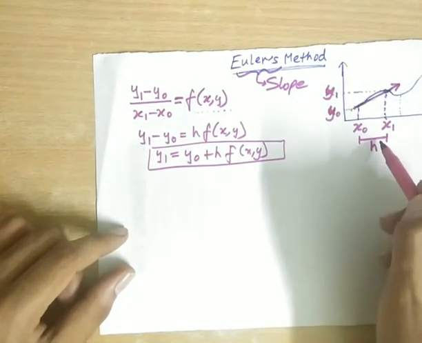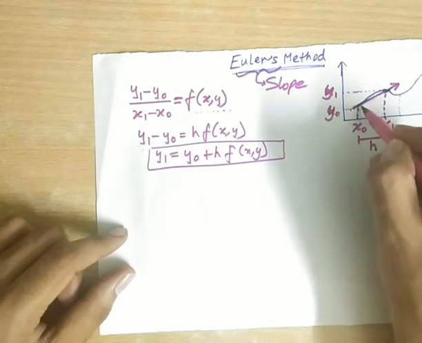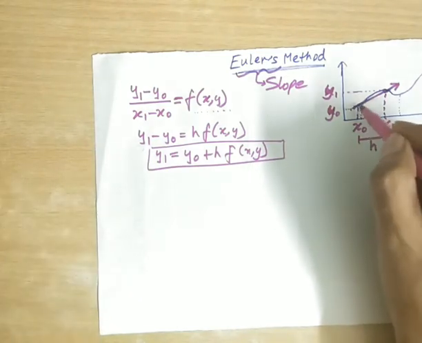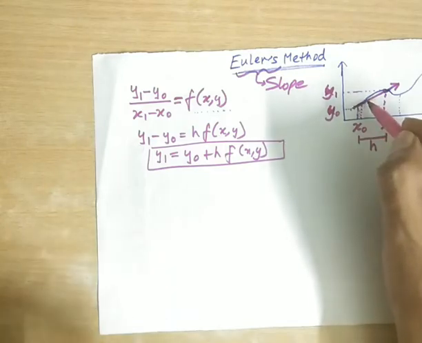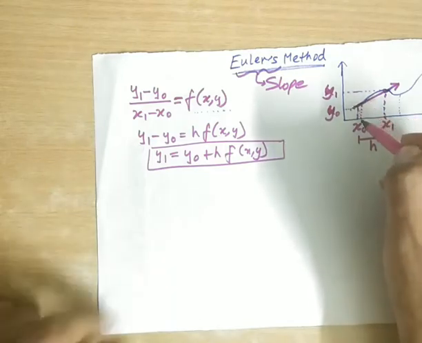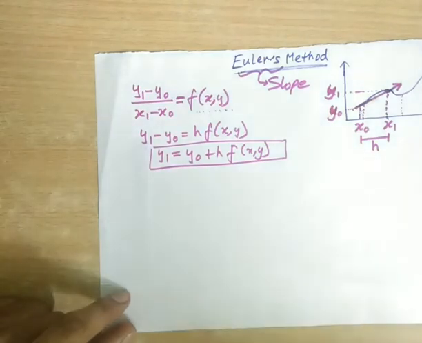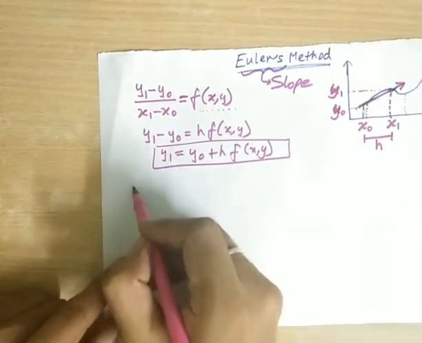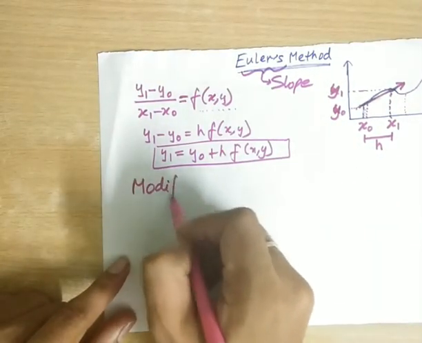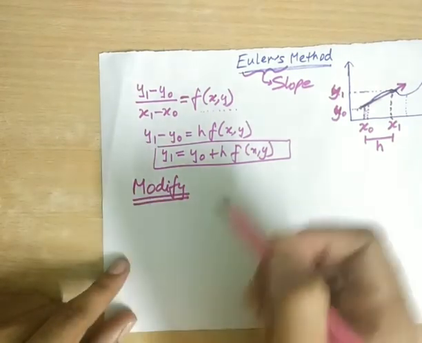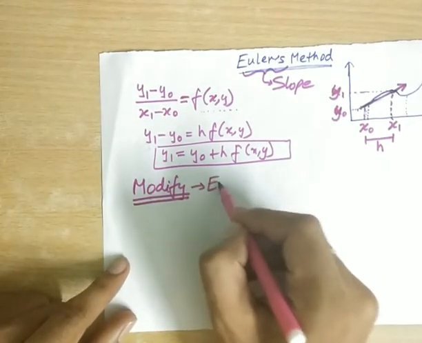So what we need here is for h to be so small that this approximate slope becomes almost the exact slope. For that we need to modify our Euler a bit.